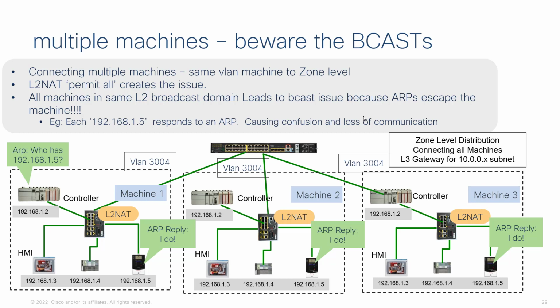Once this happens, generally machines come to a stop because they don't know who to communicate with, or they're trying to communicate with a device that's not in their machine, and pretty much everything just comes to a grinding halt. So if you make this mistake, you'll notice real fast.